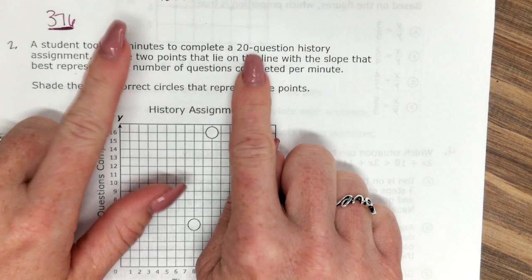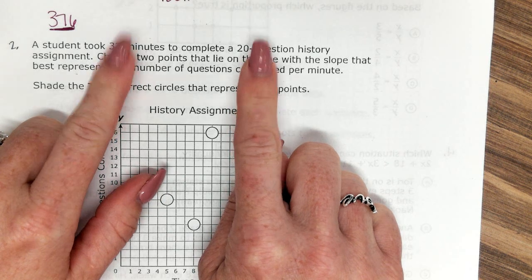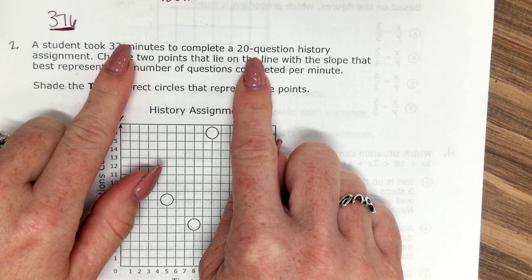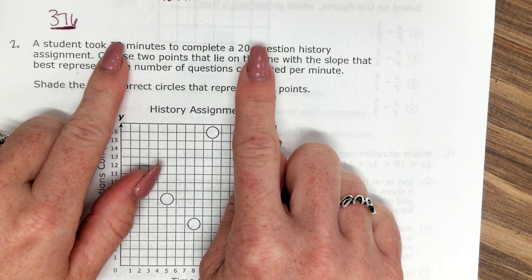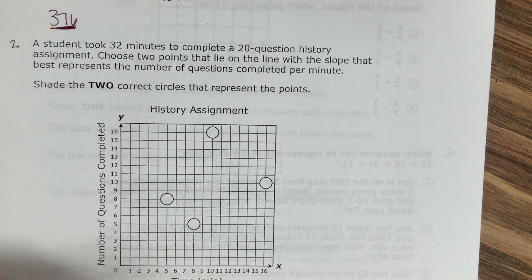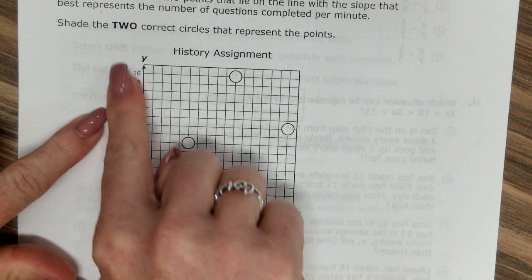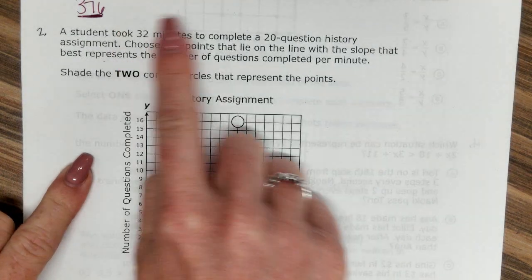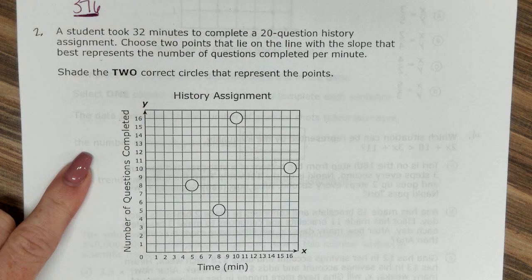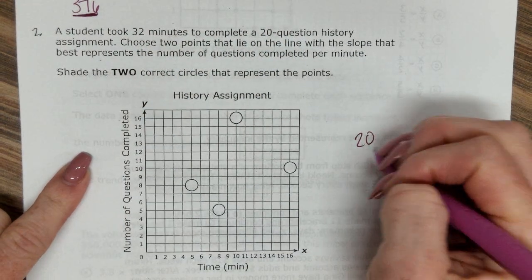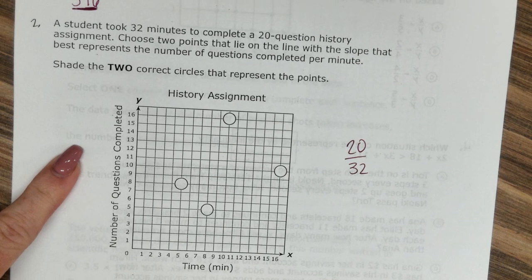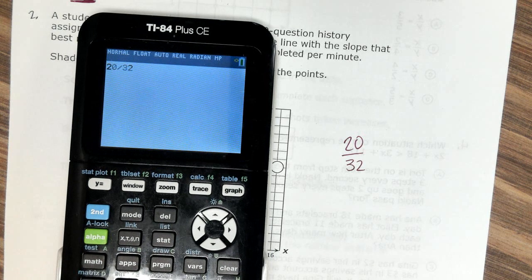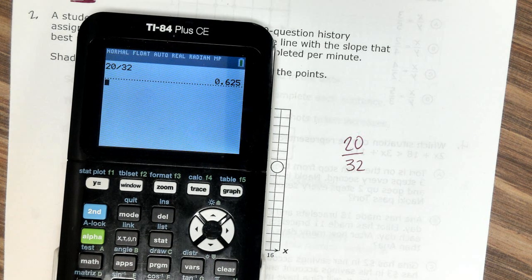You take these two numbers and do what? Divide. What number has to go on top? The y. So which one's the y? Number of questions. So which number is going to go on top? 20 over 32. So if I do 20 divided by 32, that is the rate.